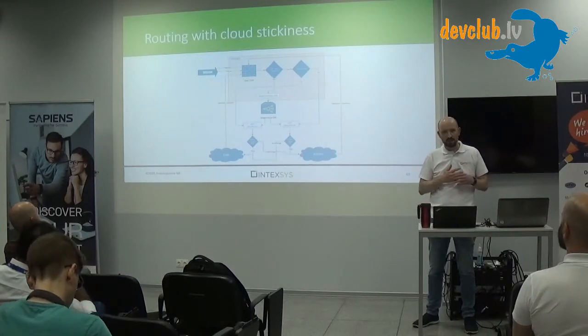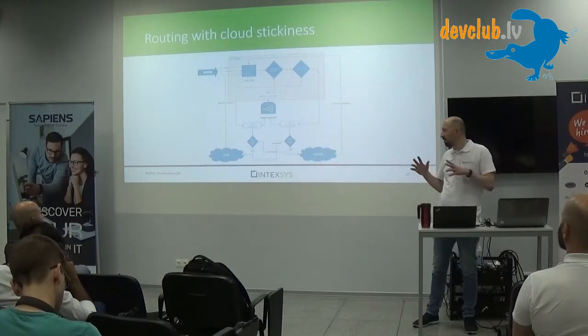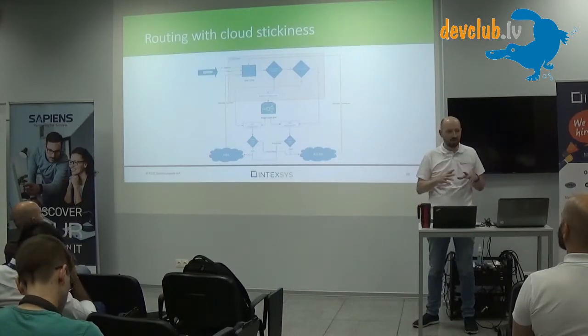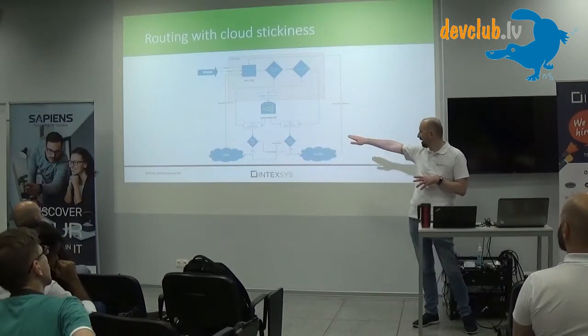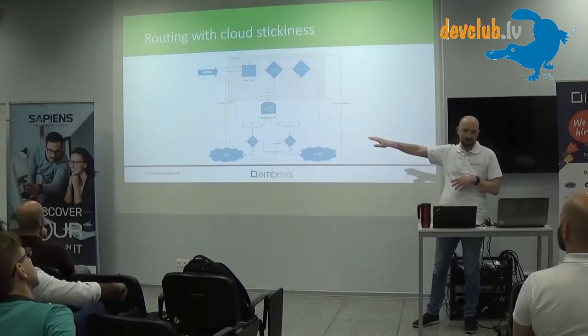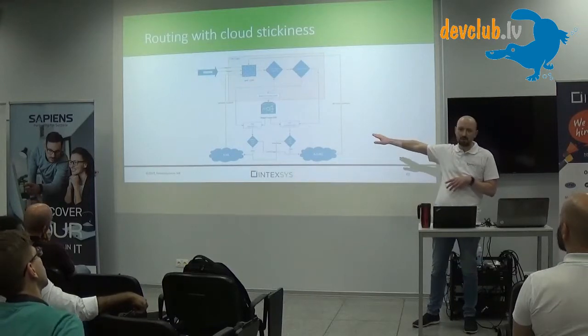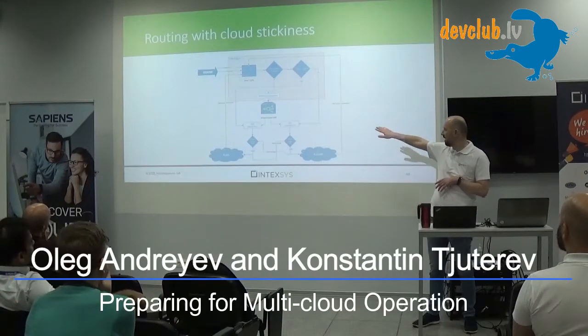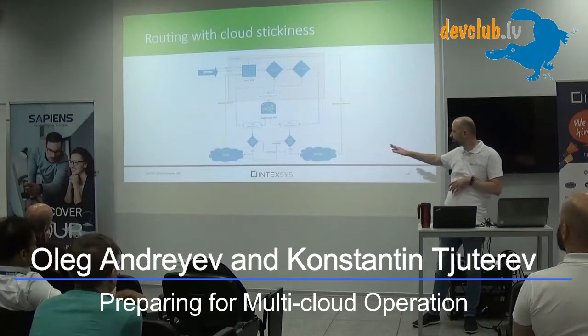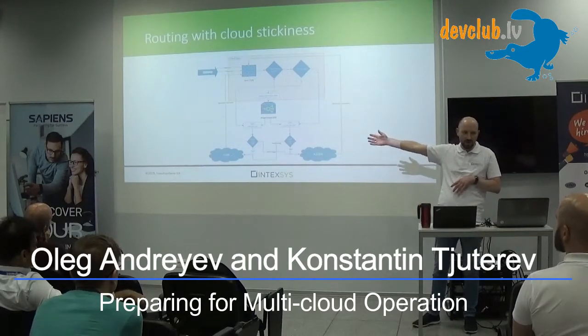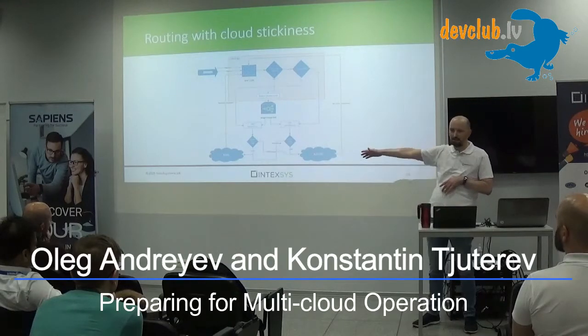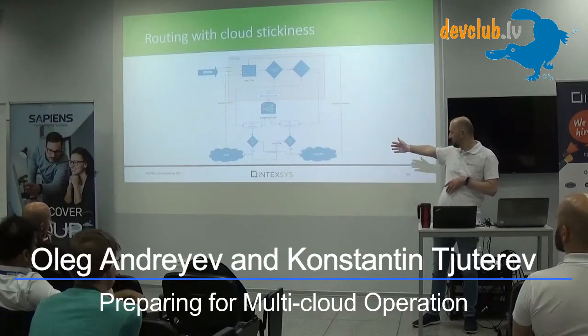So with the DNS provider, we can say that 90% of requests are resolved to an IP address, which is like aws-site.com, whatever the IP address is, and 10% of requests are resolved as azure-site.com. And then the CDN passes the request to this backend, so it goes either to AWS or to Azure.